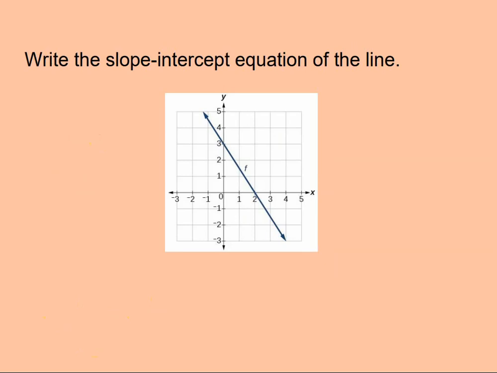Okay, one last example. Let's find the slope and the y-intercept. Well, it's crossing my y-axis at a positive 3, and then we need to find the slope. So I'm going to go from this bottom dot to this top dot, and I would go rise 1, 2, 3, and then run a negative 1, 2.